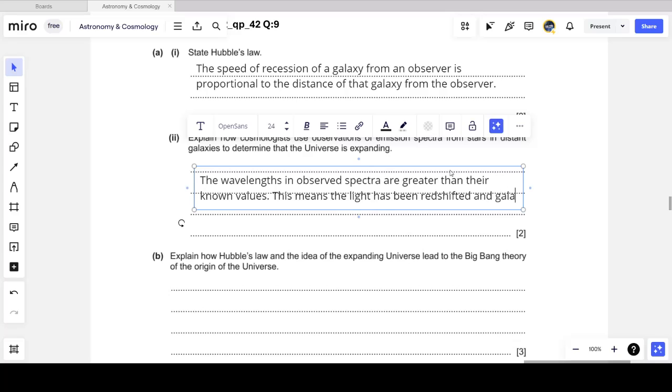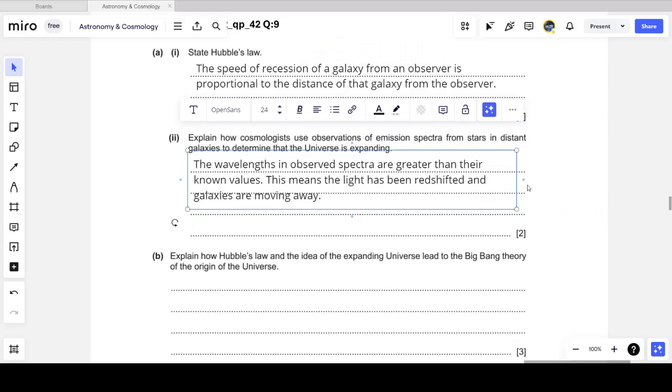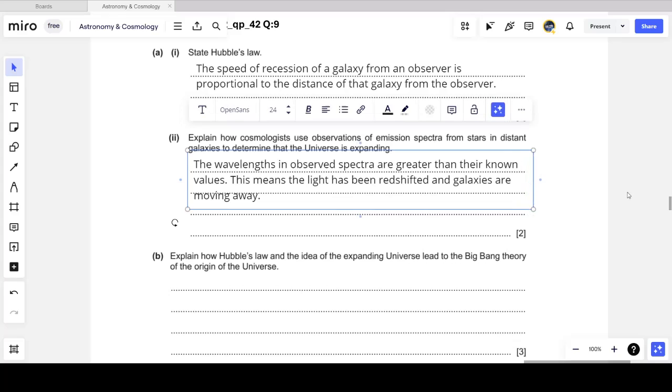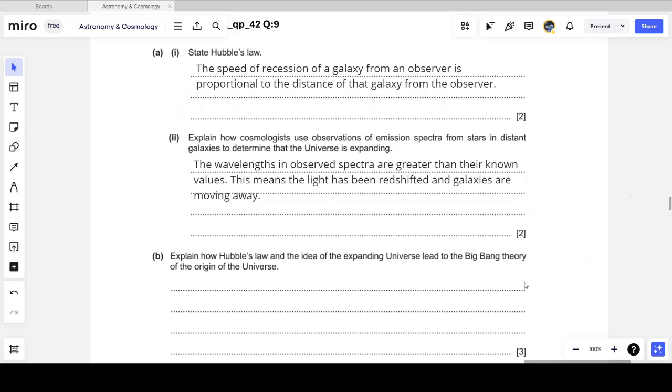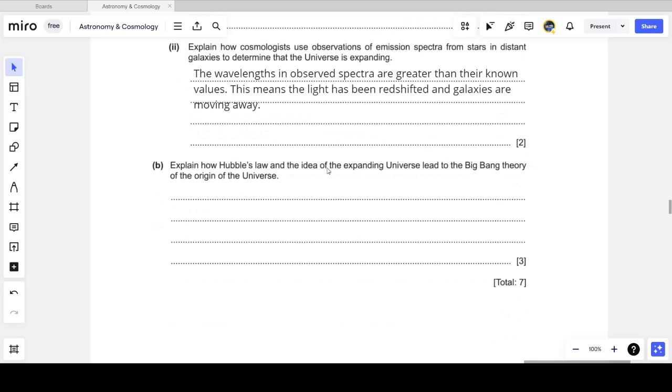And we can conclude that the galaxies that we are looking at are moving away. All galaxies are moving away. Everywhere we look, we see this. For any galaxy, that means we are not egocentric, and that again means that everywhere we would be to observe this, we would notice the same thing, that everything is moving away from each other, so the universe must be expanding. The wavelengths in observed spectra are greater than their known values. This means that light has been redshifted and the galaxies are moving away.